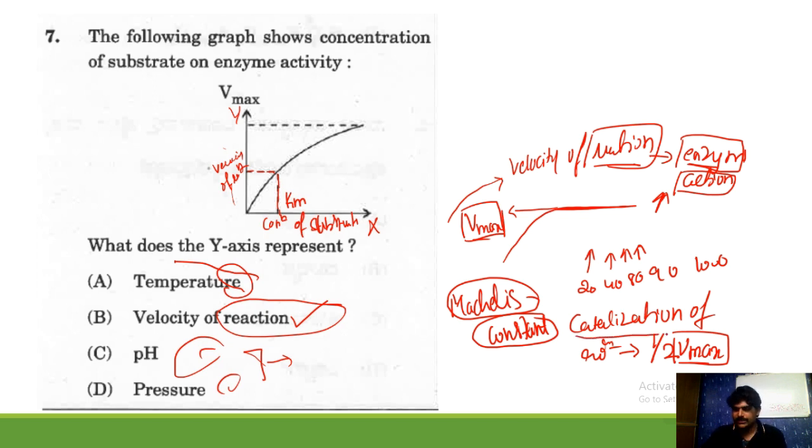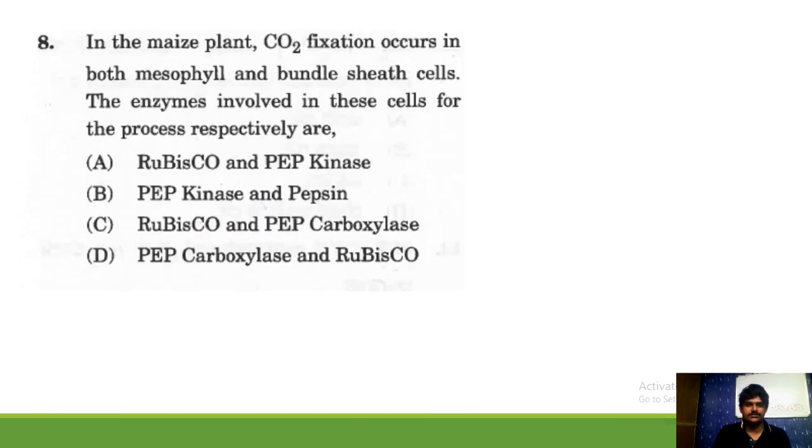How much catalyzation has affected the rate of the reaction will be shown through the Michaelis constant, that is denoted as Km. Okay, so I'll write the answer itself. The answer for this question is option B.